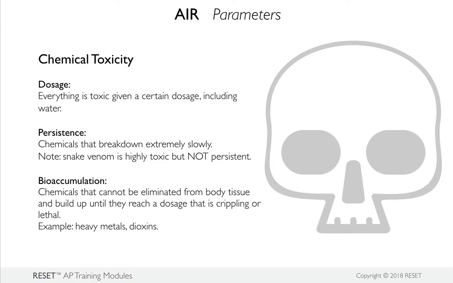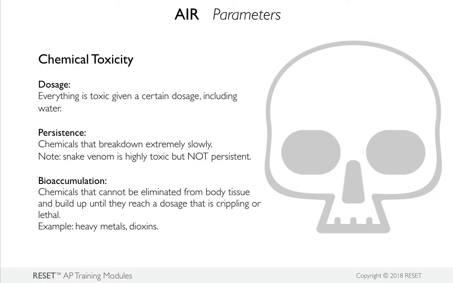And that is different than the persistence of other chemicals and other types of chemicals of concern. For instance, snake venom, which is highly toxic, is not persistent. It's designed to actually go back into the earth. It is genius that way. Man-made chemicals that persist are ones that we need to be highly concerned with.